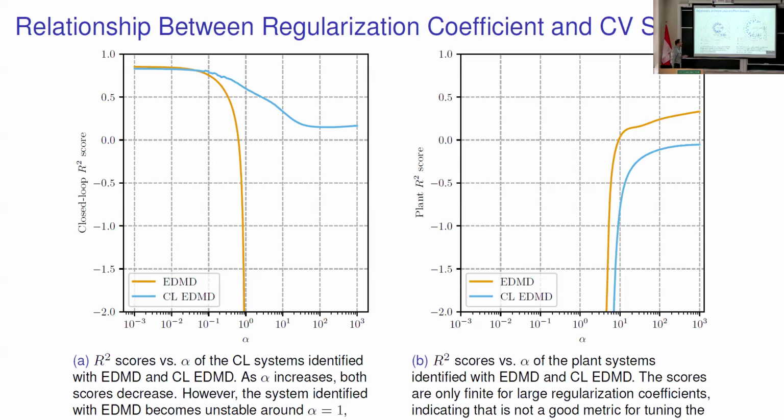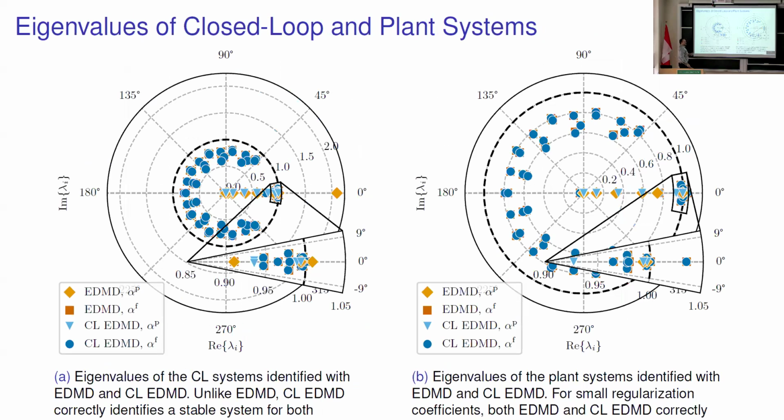That's what that's showing. And here's the punchline: first of all, the proposed method, closed loop EDMD, does exactly what you expect. In closed loop, all the eigenvalues are inside the unit disk. But if we look at the open loop plant, we definitely have an eigenvalue outside the unit disk, which is exactly what we expect, because if I turn off the controller, it's going to go unstable. So that's what that's predicting.